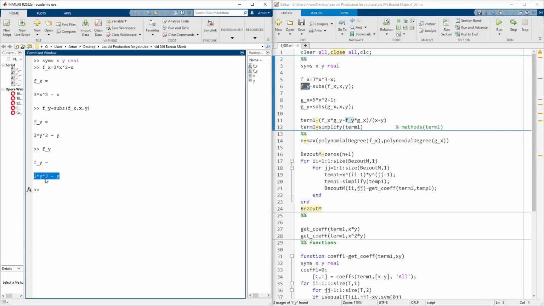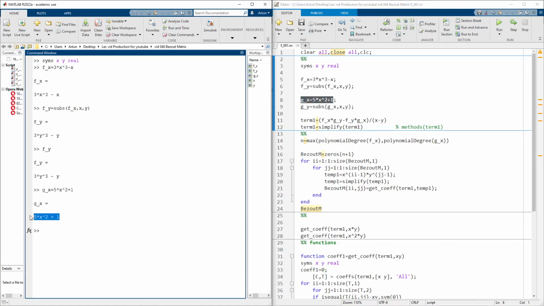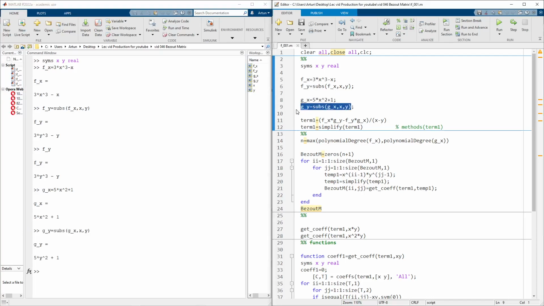This is f of y, and you can check that these are the same expressions, just with different indeterminates. Here is g of x. I hope you're able to see the screen clearly. Then the same thing to construct g of y.